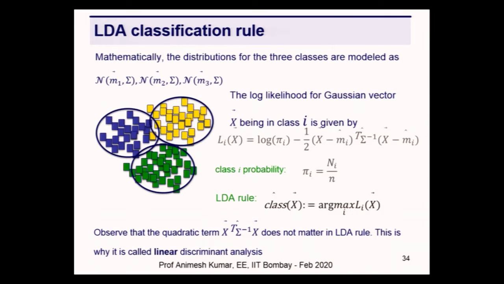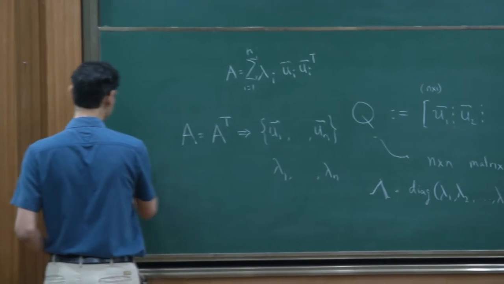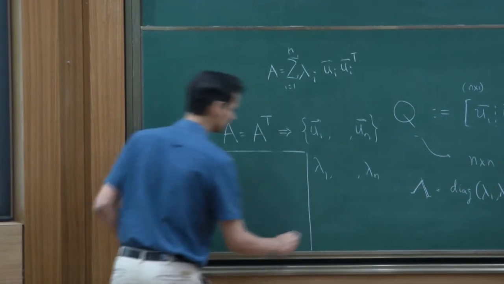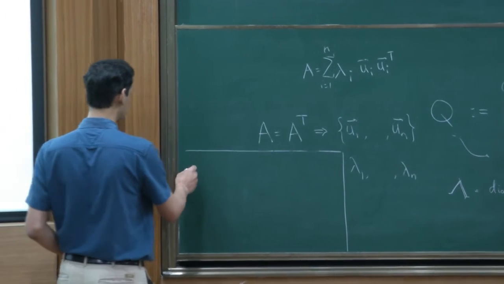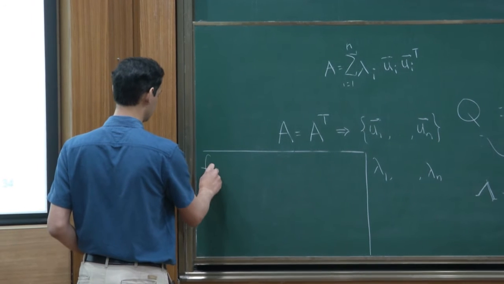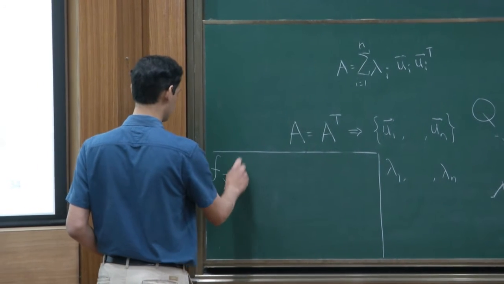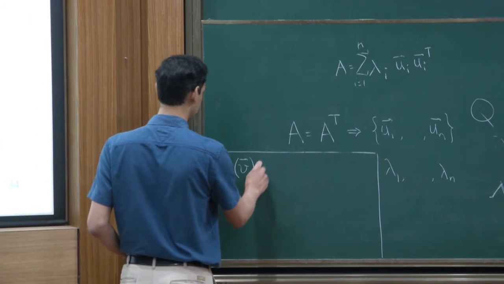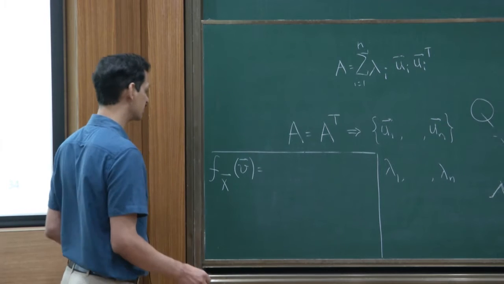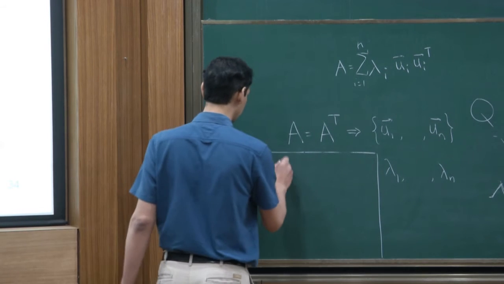This is how you would come up with the classifier. You will start looking at the log likelihood for a Gaussian vector. Remember, I'll write down the PDF of a Gaussian vector, x at some point, let's say v. It consists of the following terms.